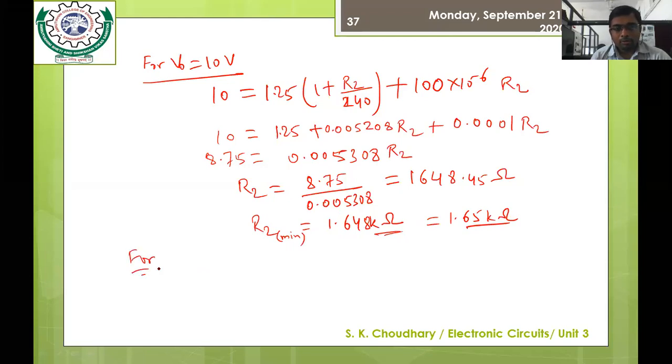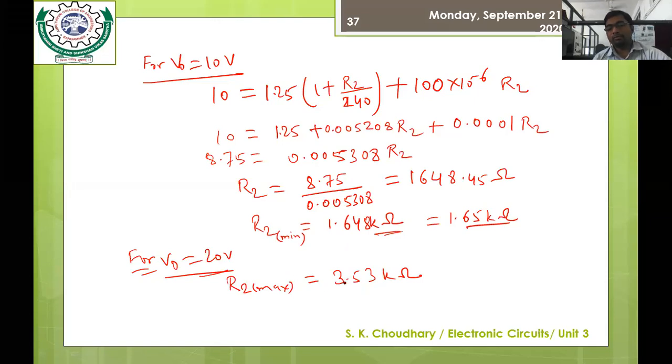And for V0 is equal to 20 volt, this is the maximum value. We have to calculate using the same equation, R2 max. So what is the value R2 max would become? Solve by yourself. It would be coming 3.53 kilo ohm. I am writing the value, but you have to solve it. Okay. So in this way, we calculate the minimum and maximum values of R2 for 10 and 20 volt.